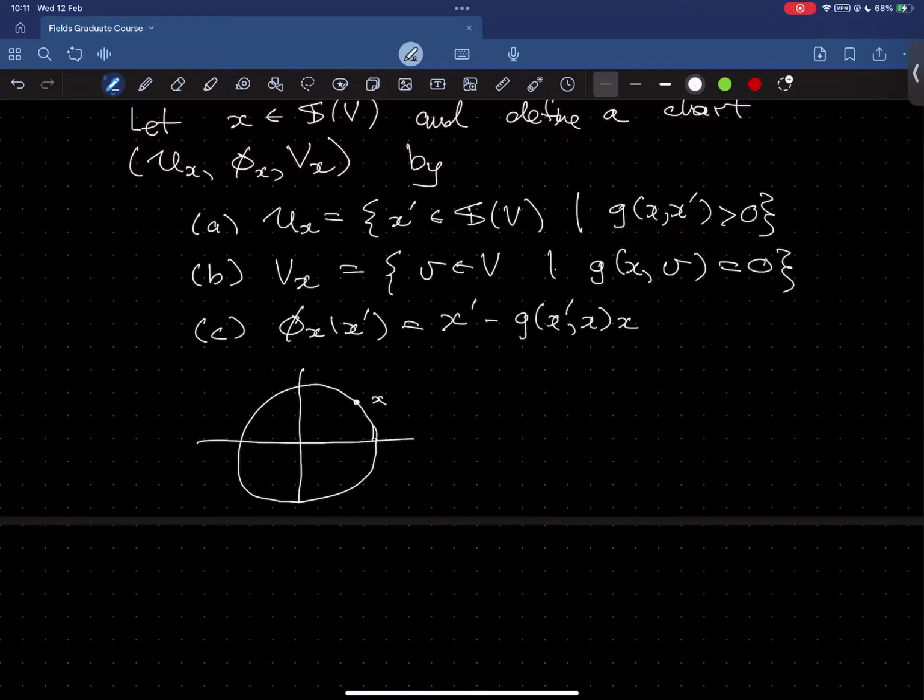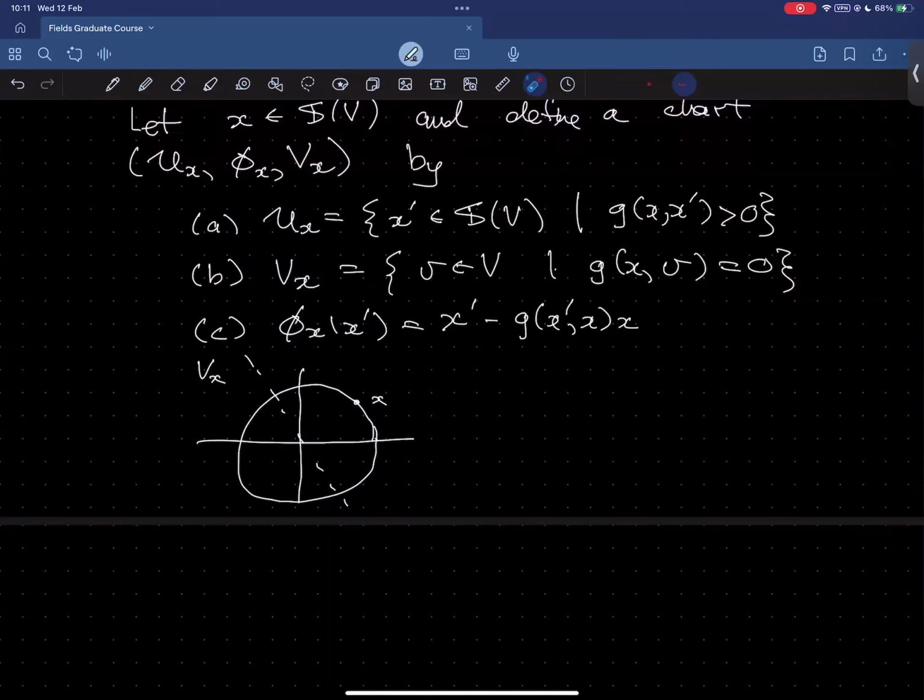And if you think about what inner products are, the way to think about that is I take, in this case, it's a line, but in the general case, it'll be a plane through the origin, which is orthogonal to X. So this thing here, the dash thing, is also going to be my Vx. Now, you want the points in the sphere thing whose inner product with X is positive.